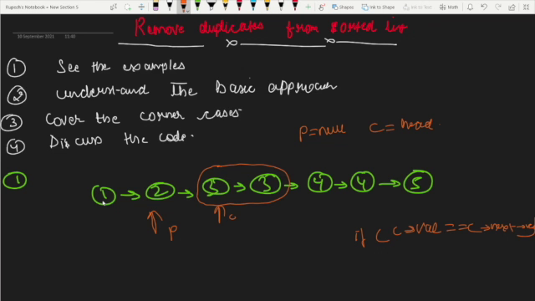Okay, in order to delete both of the 3s, we have to change this link to this link. In order to do that, I have to somehow reach this node, right? So how are we going to do that? Once we have spotted the node in which the value of the current node and the value of the next node is the same, then we will use a while loop, and using the while loop I will move the current pointer.